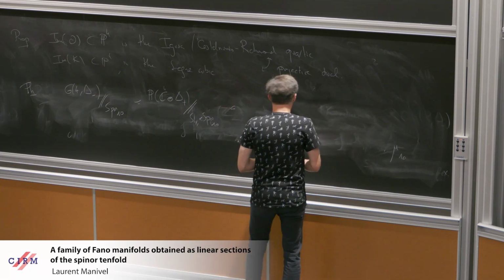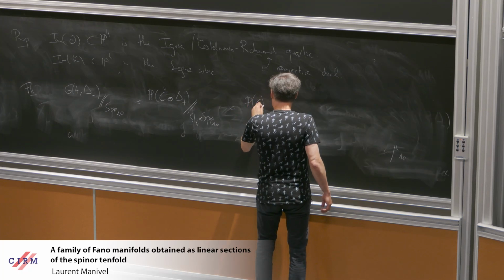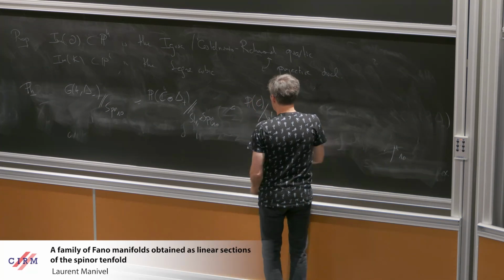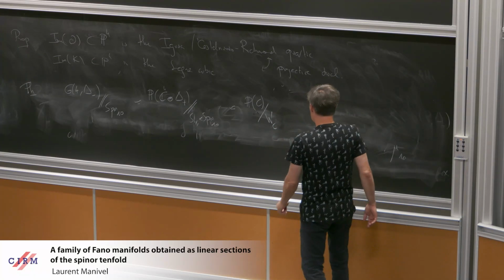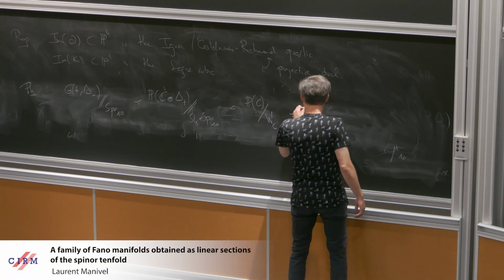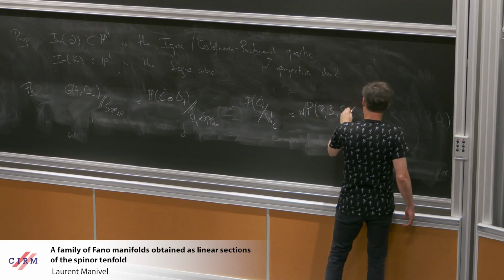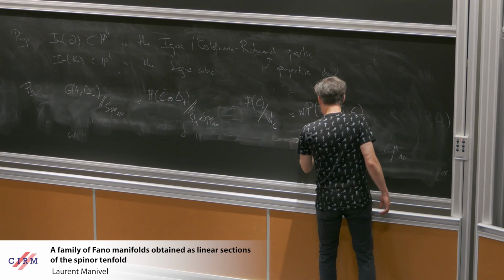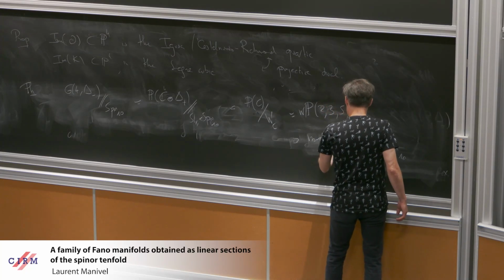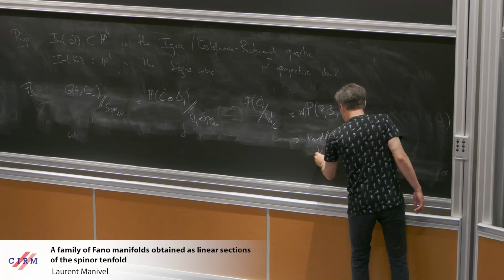There is a Chevalley theorem which tells us that this is the same as the quotient of P3, the projectivization of C, by this complex reflection group. So by Chevalley's theorem, this is a weighted projective space of exponents 2, 3, 5, 6. And this is isomorphic to the moduli space of Kummer surfaces.